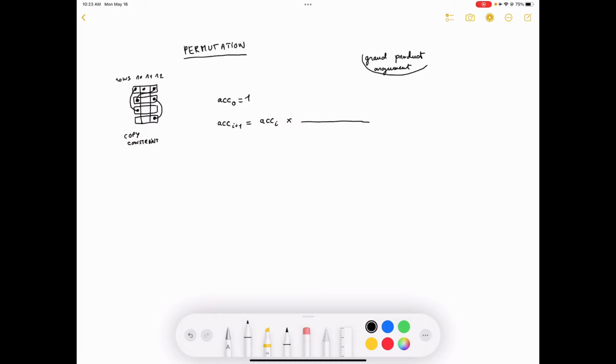So if you only had single elements, for example, your circuit was just one row of elements, and you just wanted to check that all the elements are in the other list. So imagine you have two lists, okay, and you want to check that all the elements here are in the elements here.